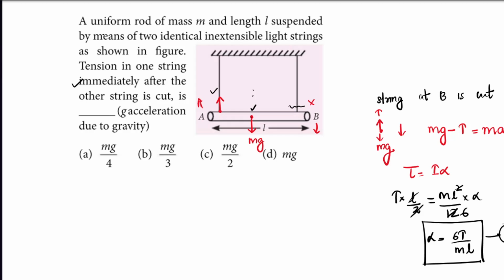Now, if you look at point A, point B is going down, but you can see that point A, or the end A of the rod, is still connected to the string, which means the net acceleration of point A will be 0, right? So the net acceleration of point A will be equal to 0.